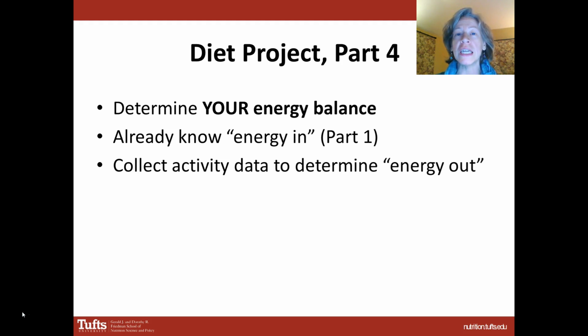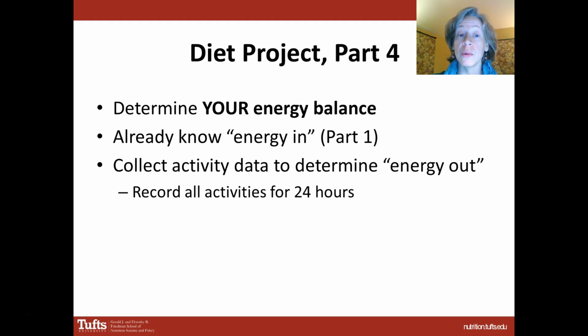In part 1, there was a setting when you set up your profile to indicate whether your usual activity was sedentary, moderately active, or very active. And that's just a general estimate of your activity. In this part of the project, we're going to do a better estimation of your usual activity levels.